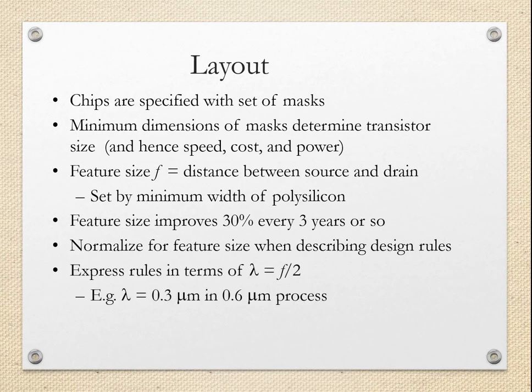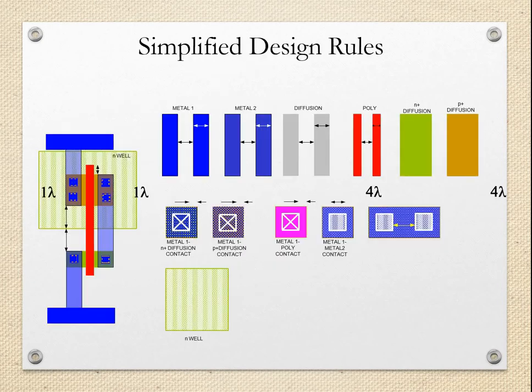Express rules in terms of lambda, and this lambda is equal to F by 2, where F is the distance between source and drain. For example, lambda is equal to 0.3 micrometer in a 0.6 micrometer process. So there are some specified design rules and we have to follow these rules while preparing the layouts for the different VLSI chips.